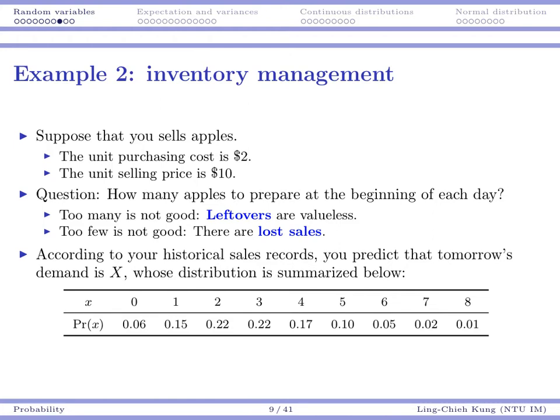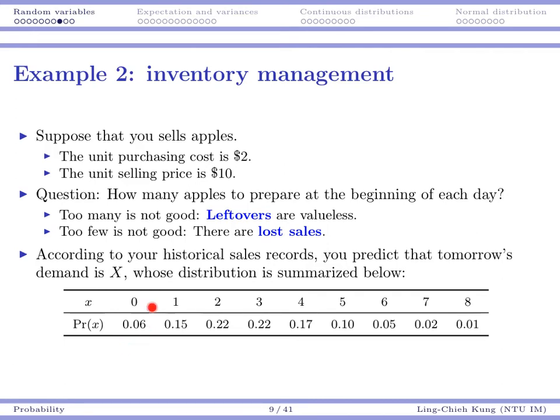So to answer this question about how many to store, I need to estimate tomorrow's or each day's demand, right? And that's certainly random. So let's assume my tomorrow's demand is capital X, and the distribution is summarized below. Maybe that's something I estimated based on my historical sales records.